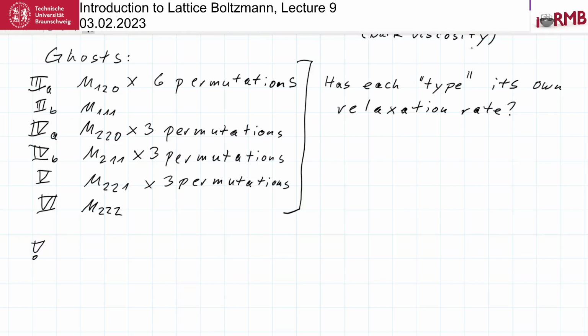I mean, by comparison, yeah, let's look at not at the ghost moments, but at these guys. Because we said that these here, they are one type, right? And how many relaxation rates do they have?